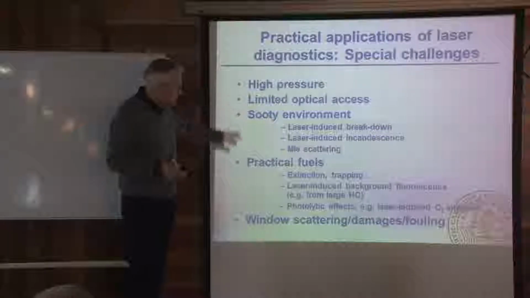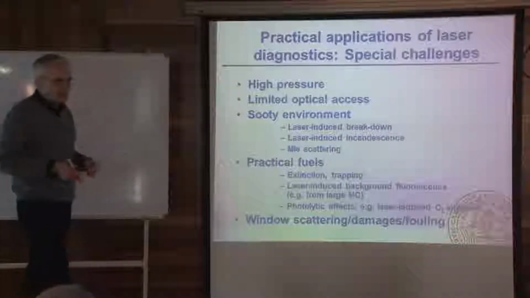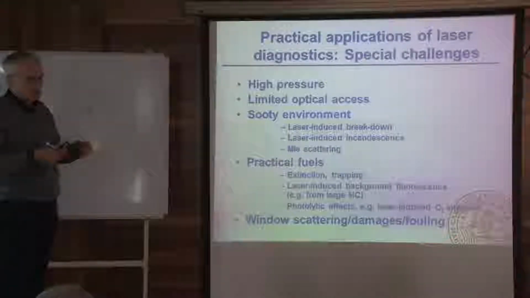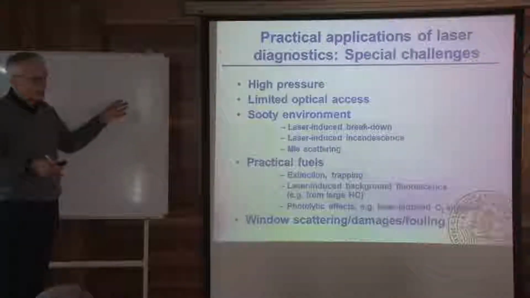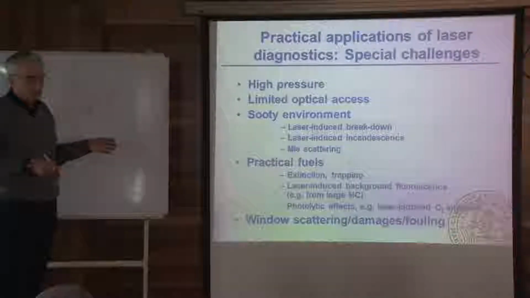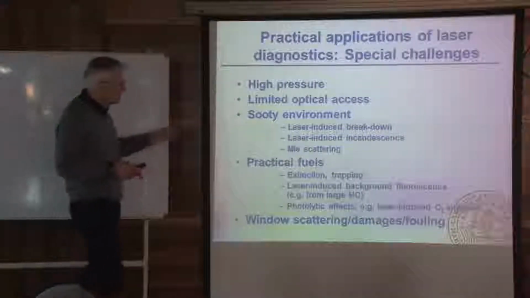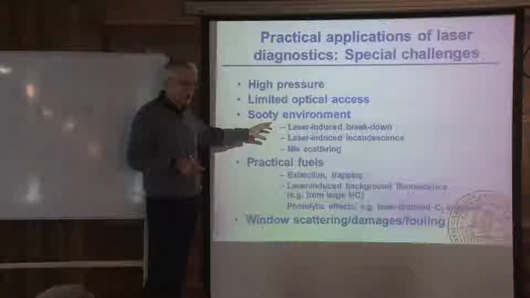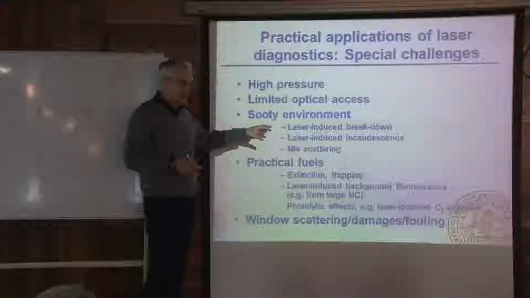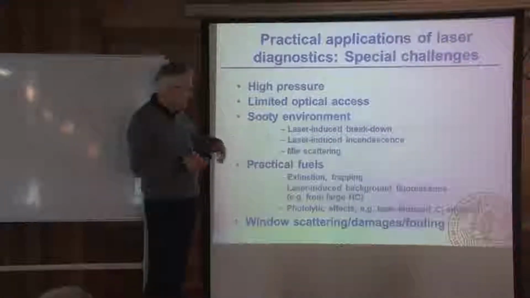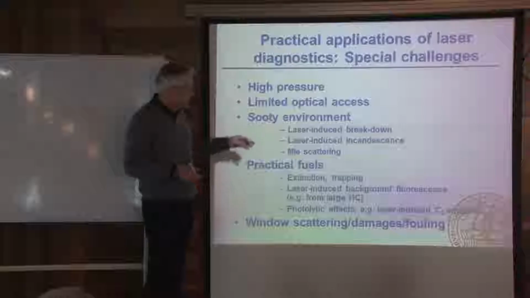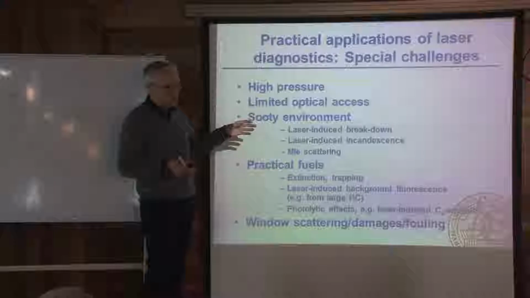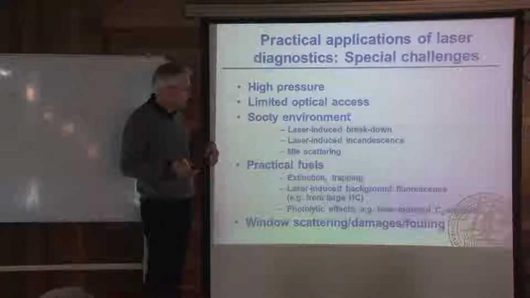So all of these are practical problems that are very hard to foresee when we are asked to do some practical measurements. Where will the main problem be? Very often, I would say that we can solve the problem, but it's hard to say what the problem will be, because it depends on the fuel, it depends on the optical access, it depends on the number of species we want to measure.